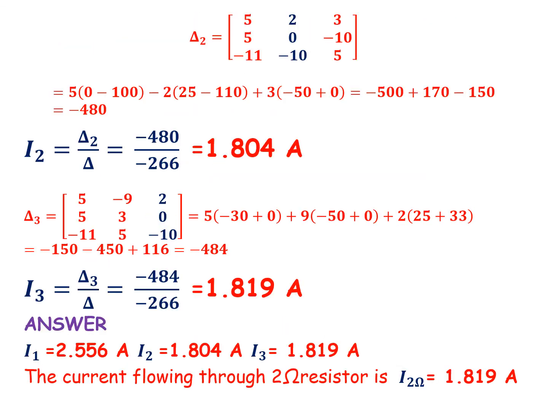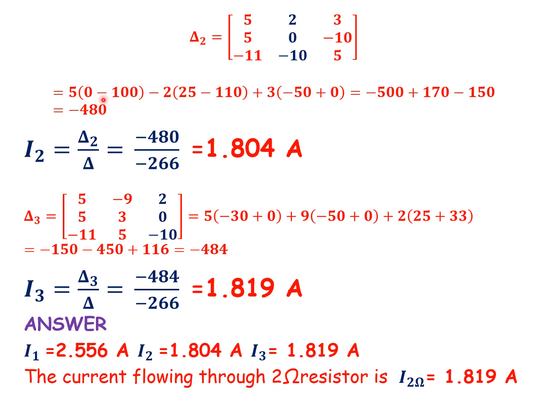And I am going to explain how to find out the current I2. Before that, first we have to find out delta 2. The center column is removed. Instead of the center column, voltage values are entered. 5, 2, 3; 5, 0, minus 10; minus 11, minus 10, 5. So take 5 outside.